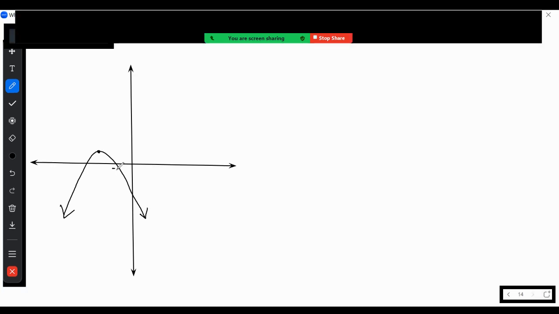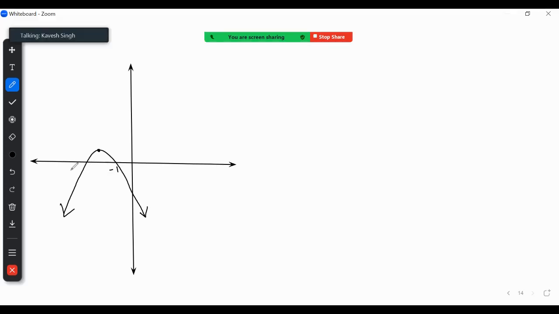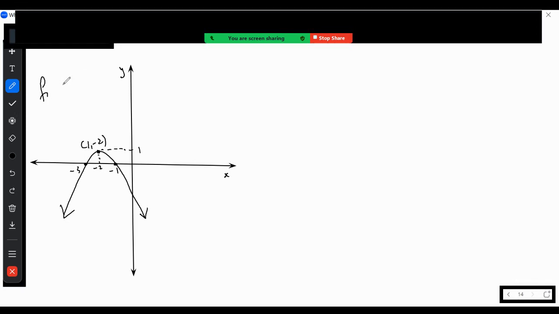So let's say this is -1 and this is -3. Then this would be 1 and -2. All right, we're going to find the equation.